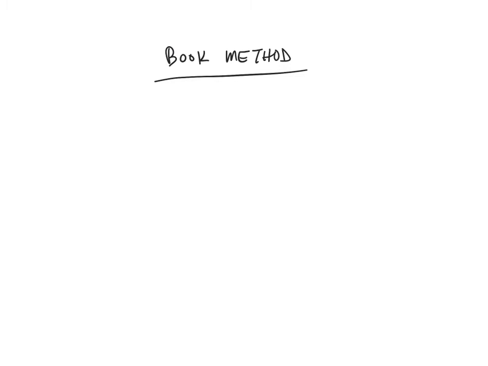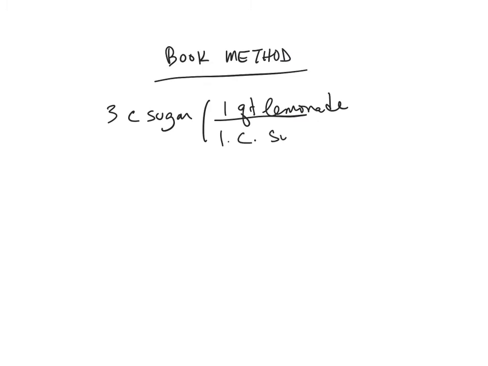The book method is to take each one of the ingredients, 3 cups of sugar, calculate how much lemonade can be made. And that is 3.